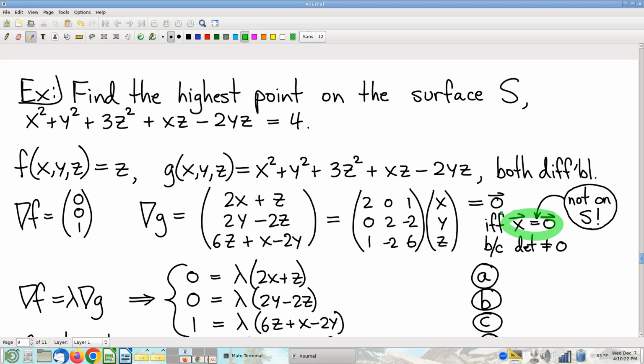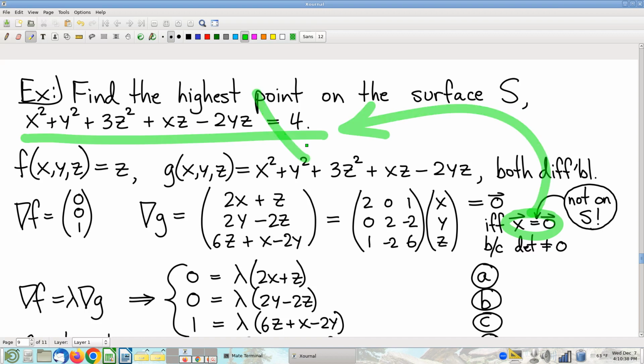The temptation is to call this a critical point. Actually, it isn't. And the reason why is, keep in mind, we're only looking on the surface. We're interested in this surface S. In other words, I'm only interested in points that satisfy this equation, and x doesn't. The origin, x equals 0, doesn't.